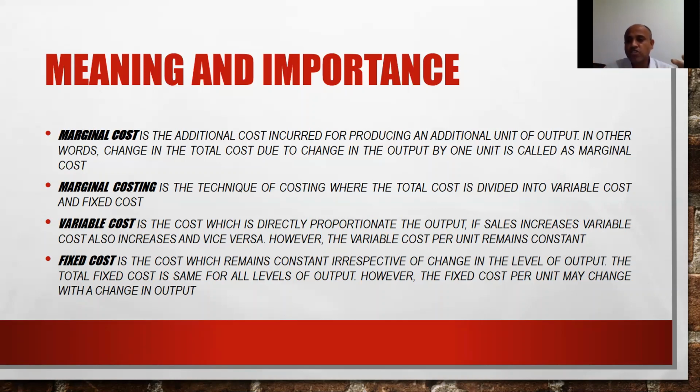So the cost which is constant in total is what is referred to as fixed cost. The cost which remains constant irrespective of the change in the level of output is what is referred to as fixed cost. Is this okay? So at any level of output, the total fixed cost remains unchanged.